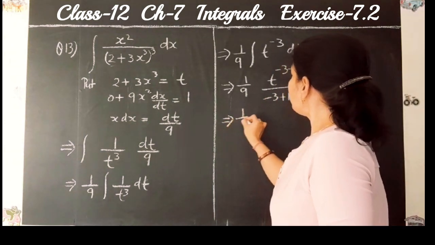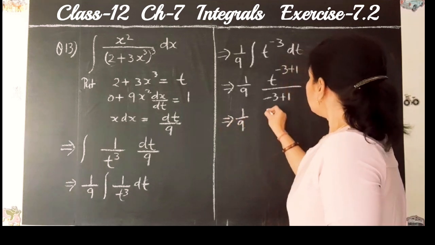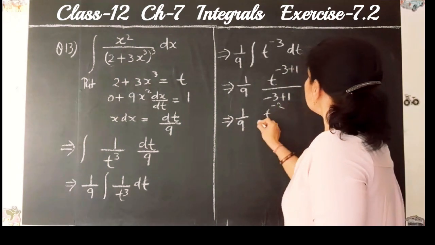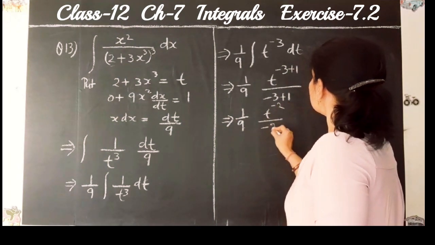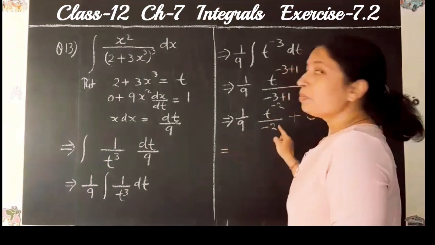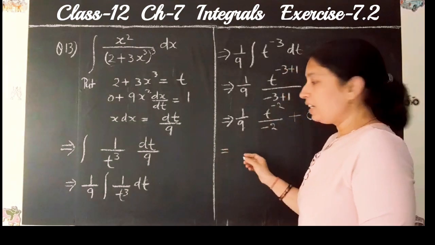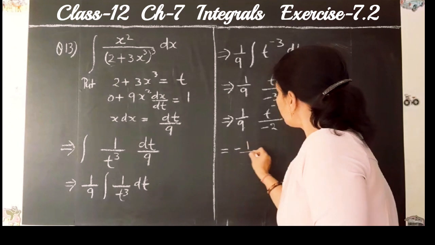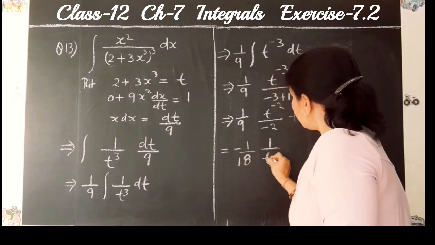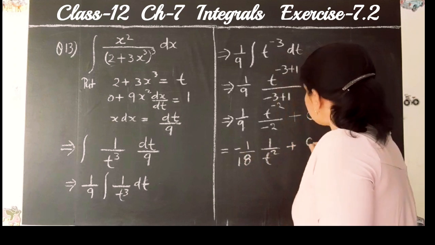So we get 1 by 9 t to the power minus 3 plus 1 will be minus 2 divided by minus 2 plus constant c. So 9 multiplied by 2 will be 18. So we can write minus 1 by 18, 1 by t square plus constant c.